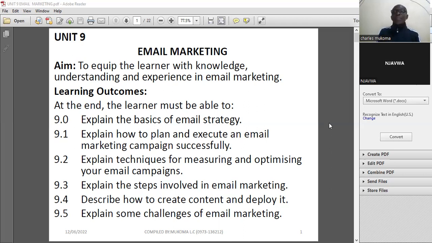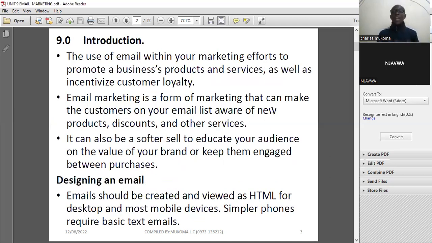Okay, it's a very short topic and straightforward, especially since we have been using it. So we just convert that information we share with others into emails. We share marketing information. That is email marketing. So email marketing is the use of email within your marketing efforts to promote a business's product.